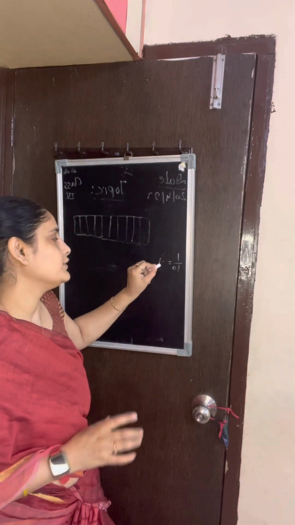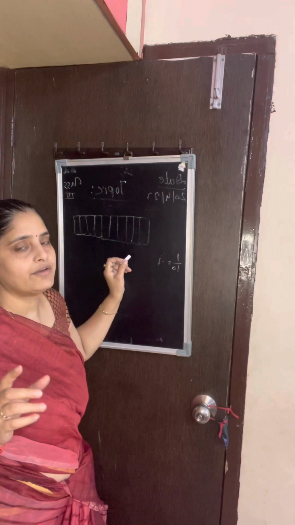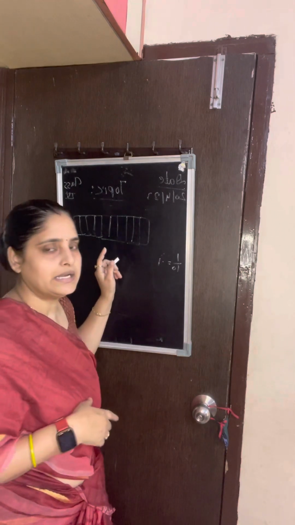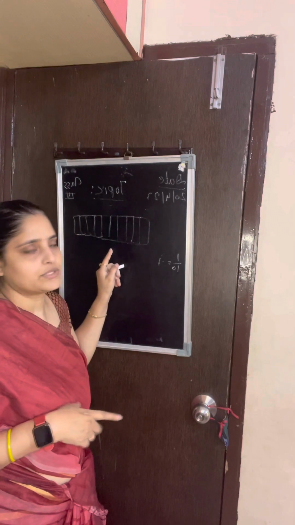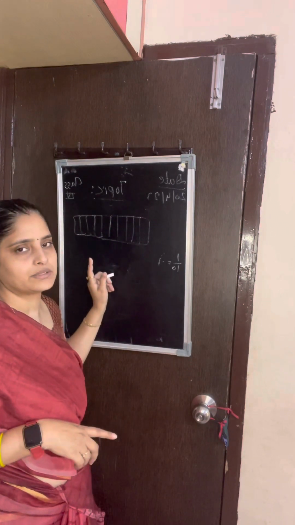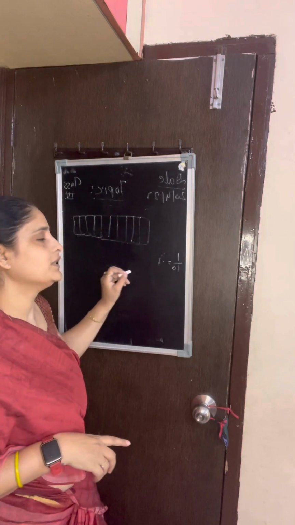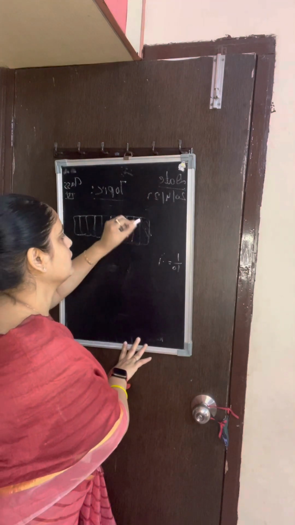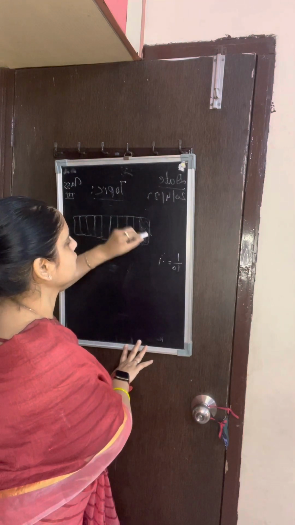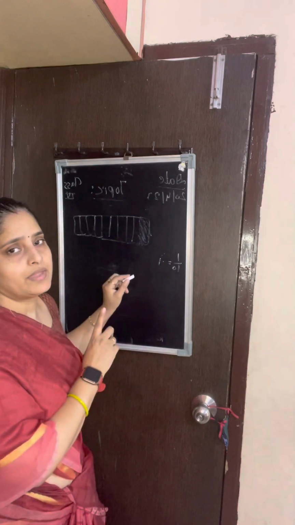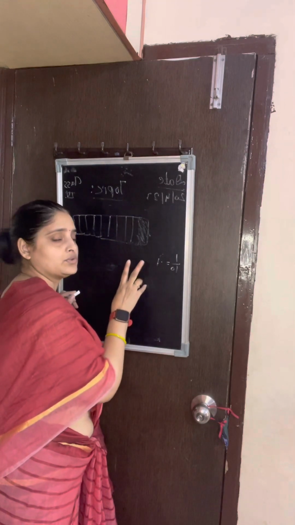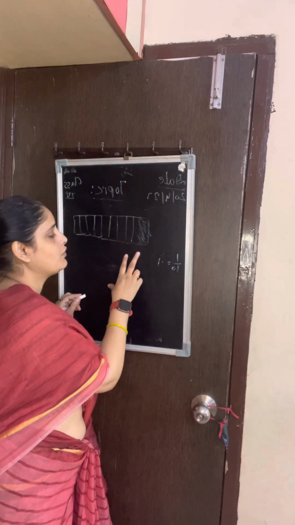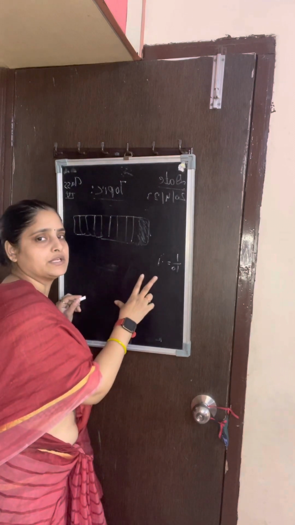So now we will represent it. Suppose this is a packet of biscuits and I divide this packet of biscuits into 10 equal parts. Now we want to represent 1 upon 10. So we will represent only the one part, that is 1 upon 10, or we can say 0.1.